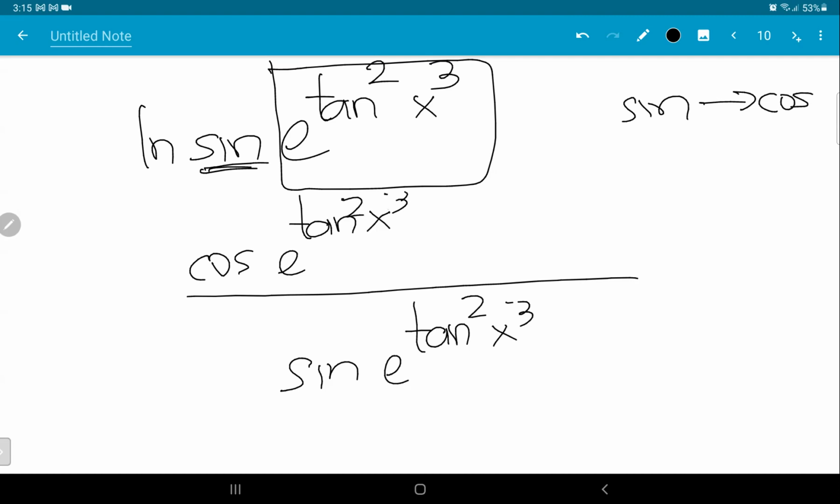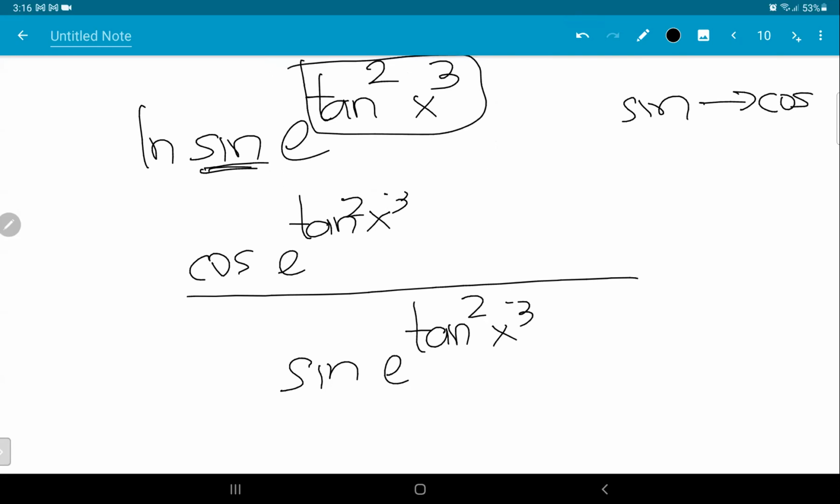Okay, but don't forget you have to differentiate the one inside. Chain rule. Okay. So differentiating that one inside, which has a function of x, the derivative of e to the something is e to the something. So we have.